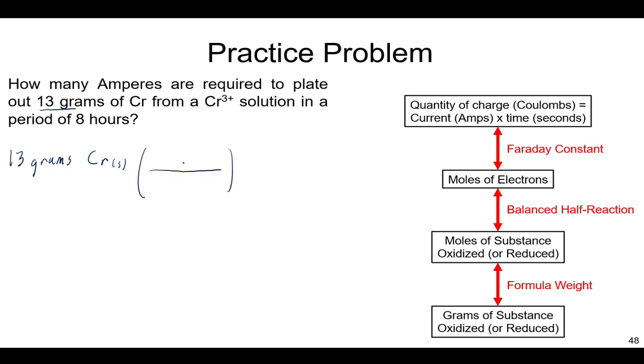That's something we know. We have a periodic table. 1 mole of chromium is 52.00 grams of chromium. 13 divided by 52 gives me 0.25 moles of chromium.